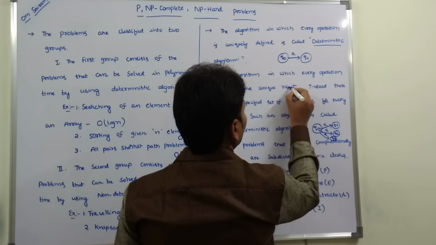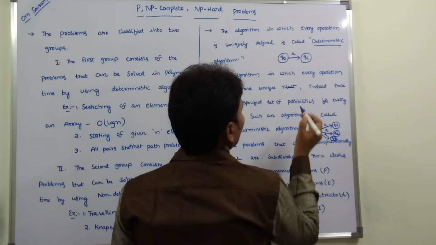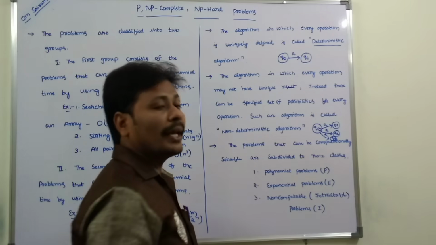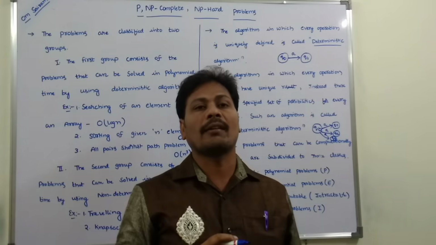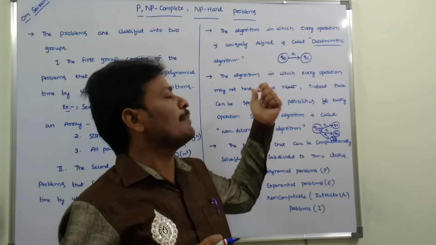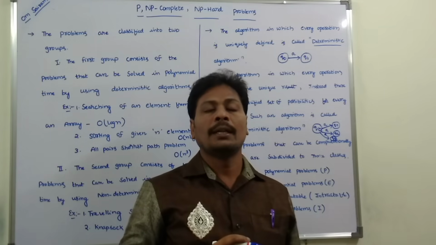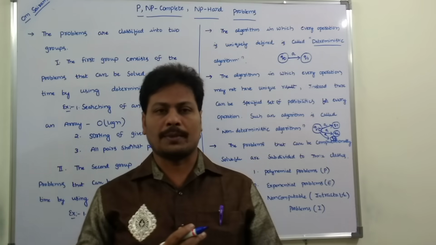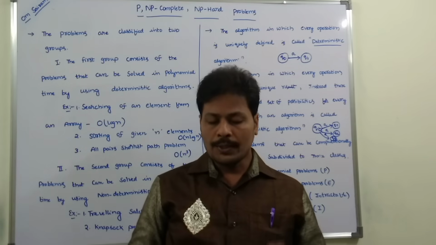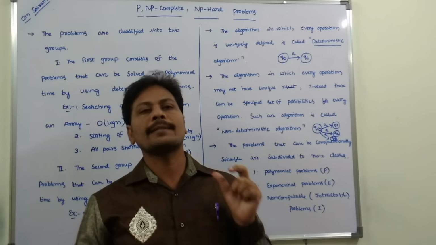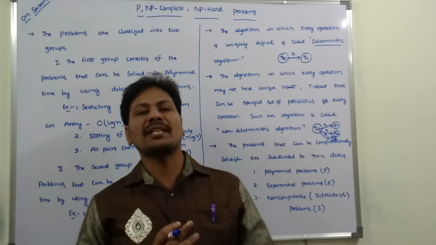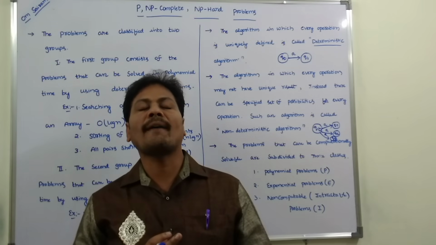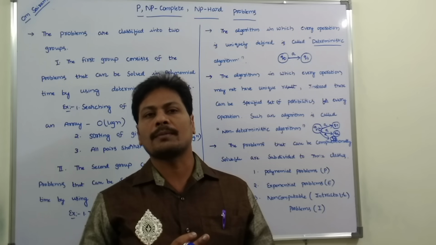Exponential problems come under non-deterministic algorithms. Polynomial time problems come under deterministic algorithms. That is the main difference between deterministic and non-deterministic algorithms.